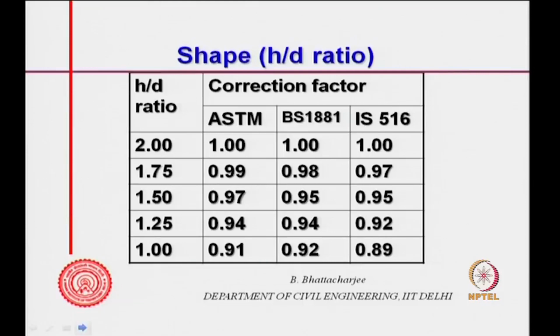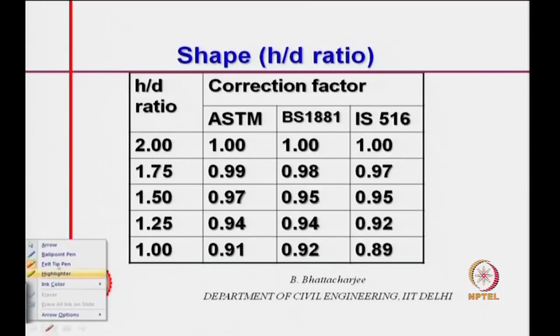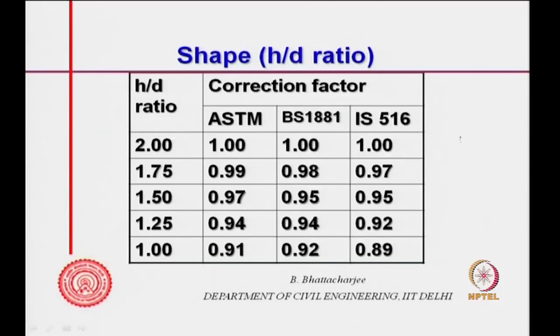So, therefore, when you are measuring cores, as I said, sometimes we do testing of core. So, you are measuring the strength of the core, and different H by D ratios are there. If you consider this as 1, American Society for Testing and Materials, the correction factor for 2 is 1, and the correction factor for 1 is 0.91.